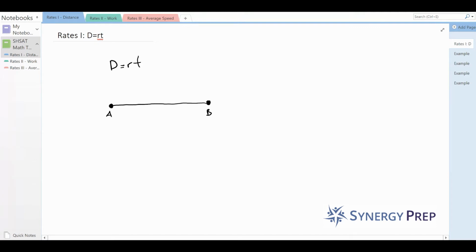So what I'm drawing here is two objects moving towards each other. Now, they can of course have two different rates or speeds. So rate A and rate B, and the total distance that they cover, I will just call the total.